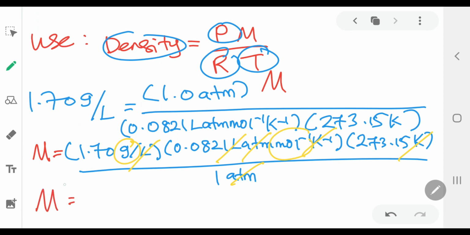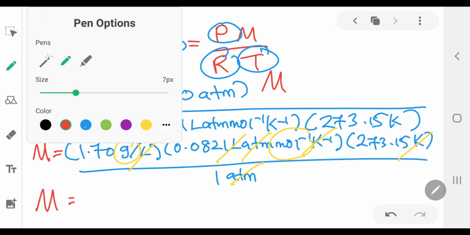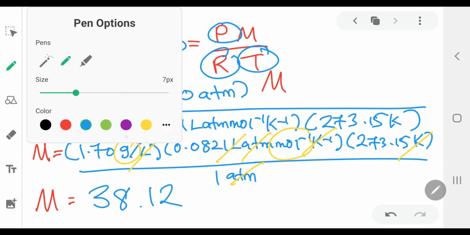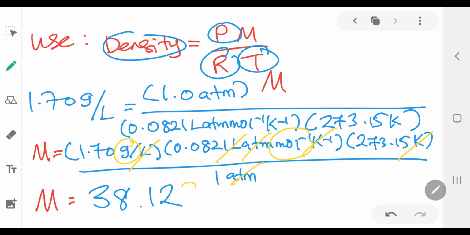So the molar mass that you would be getting is around 38.12 gram per mole. So we have solved the first one. We have identified the molar mass of the gas.